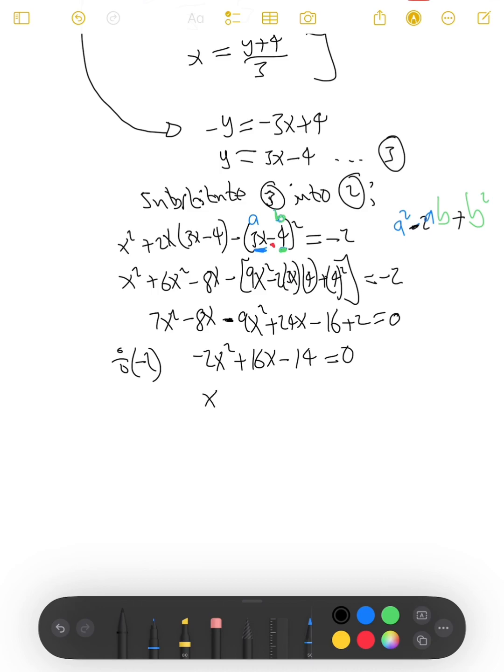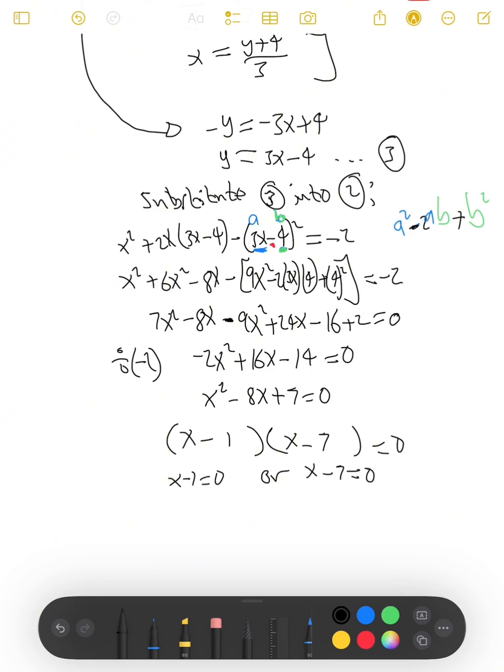We therefore get x squared minus 8x plus 7 all equal to 0. And then let's factorize. Here we get (x minus 1)(x minus 7). Therefore, x minus 1 equals 0, or x minus 7 equals 0. Therefore, we get x equals 1 or x equals 7.